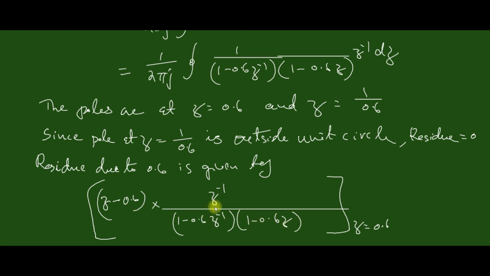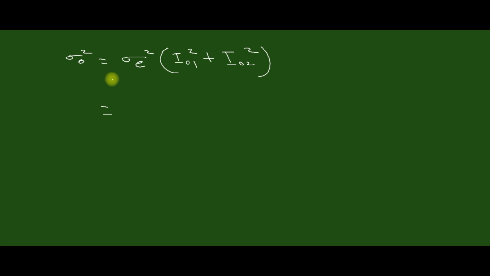Here we can see, when this is multiplied with the z, this will become z minus 0.6. So these terms will cancel. Finally we have this term only. So when substituting z equal to 0.6, we get 1 minus 0.6 square, which is equal to, computing we get 0.64.